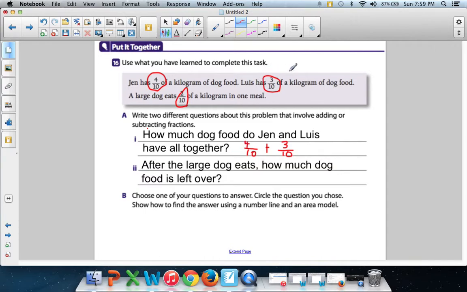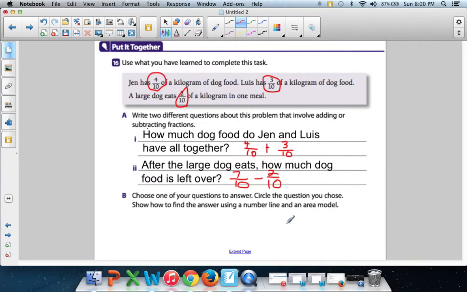Well, what's the total dog food? If you figured out the first answer, you know how much total dog food there is. There's 4/10 plus 3/10 equals 7/10. And if it was subtracting how much a dog eats, how much does a dog eat? It eats 2/10. So we have to subtract 2/10.